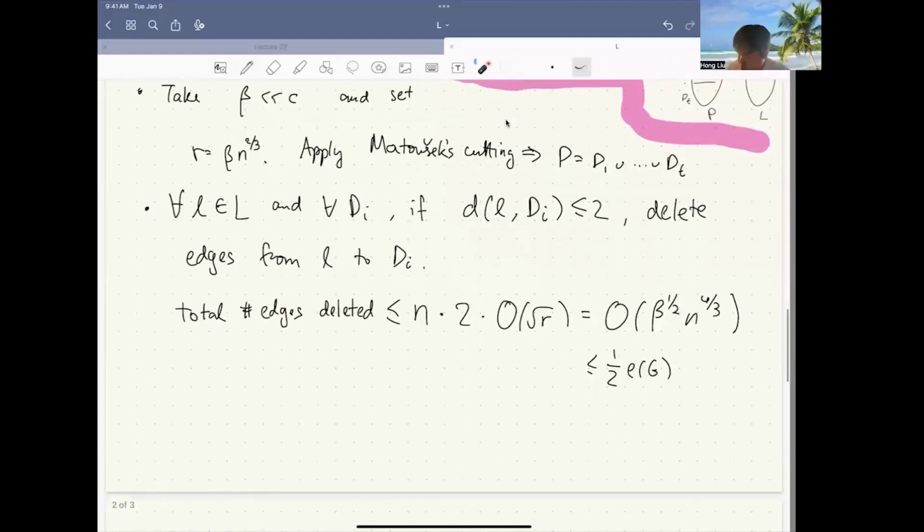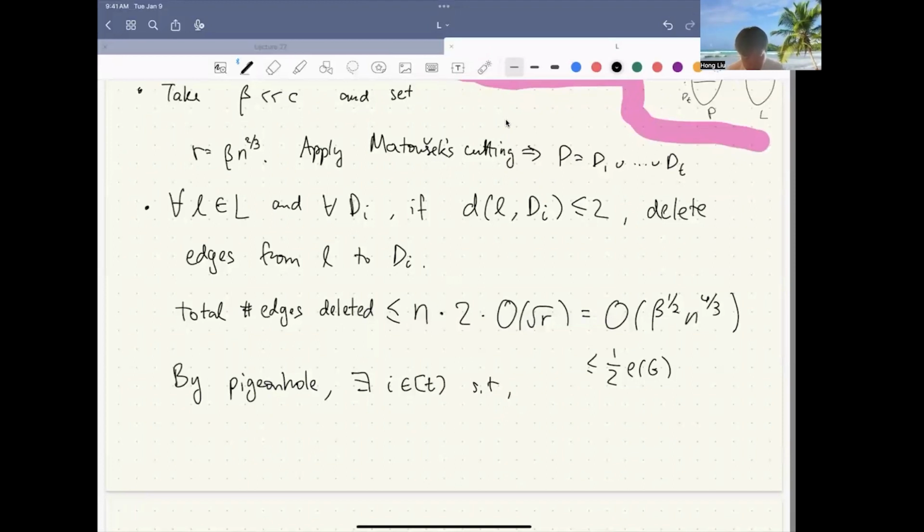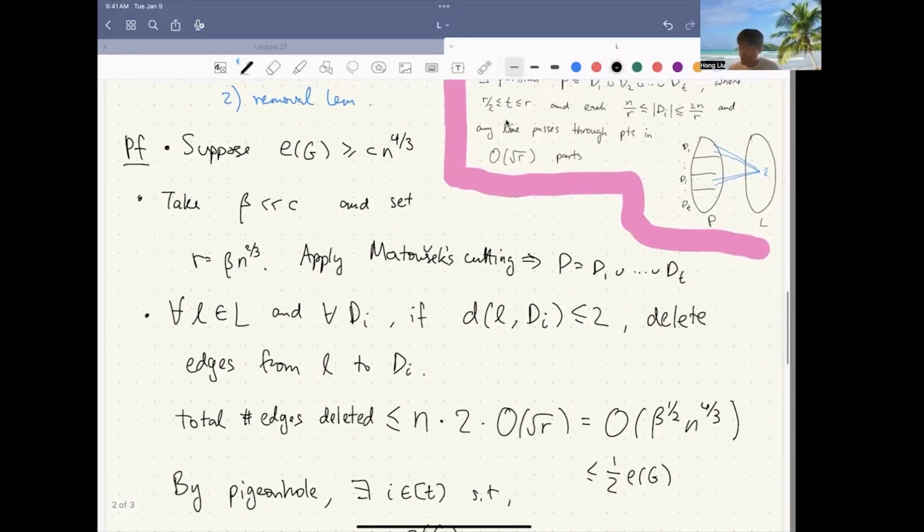So by pigeonhole, there exists i in T, where T is roughly R, such that the number of edges between Di and L is at least, let's do the calculation, we have this many edges survived, half of E(G), and the number of parts is T, right?